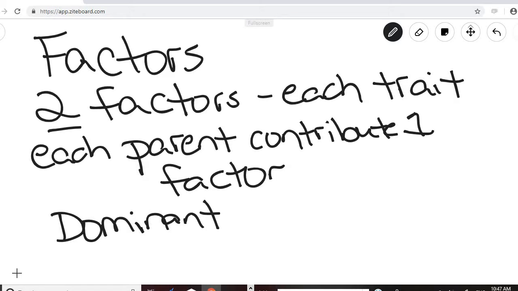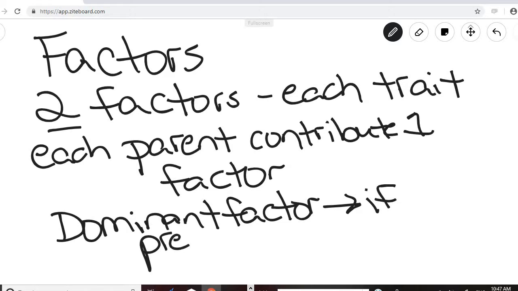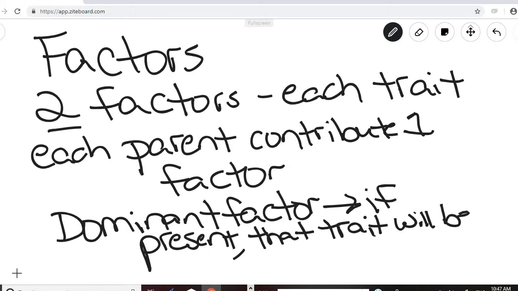And if that dominant factor is present, then that trait will be expressed in the offspring or in the organism itself. Okay, so these are the basic principles of genetics set forth by Gregor Mendel.